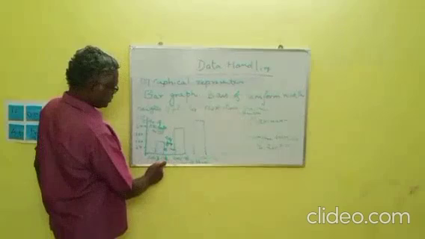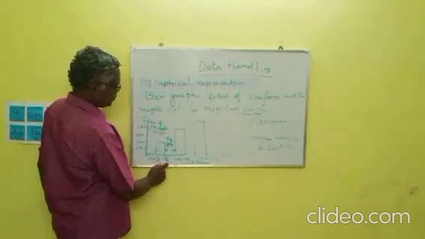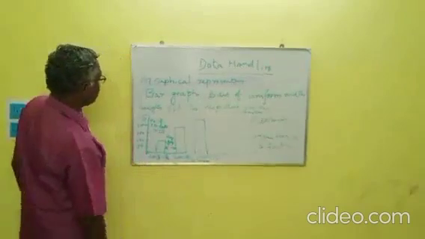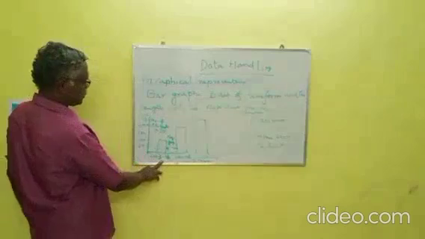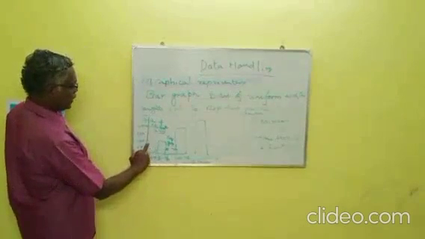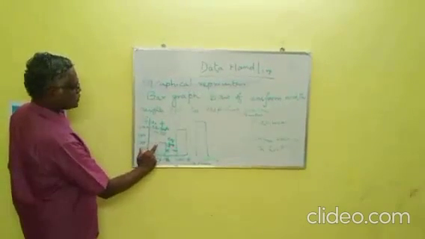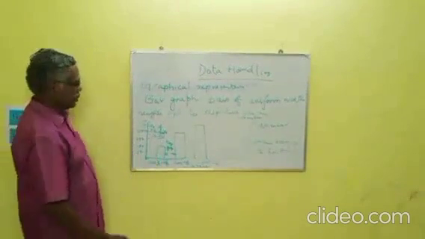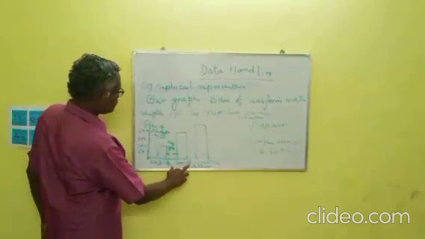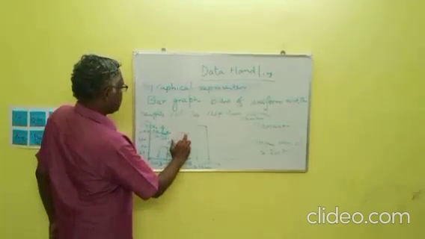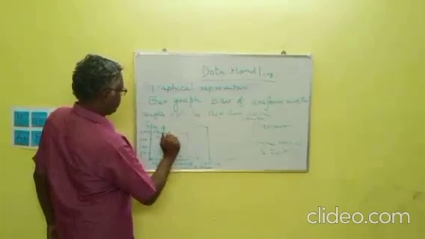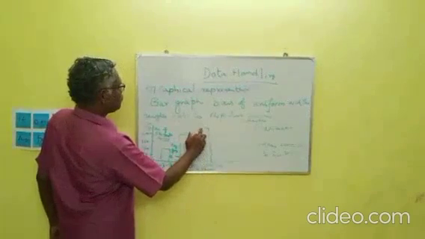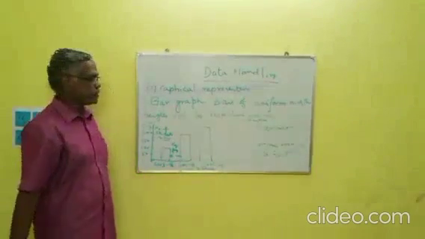This one is 2003-4, this one is 2004-5, 2005-6. So we can infer that in 2003-4, 100 students are studying in 8th standard. In the year 2004-5, 200 students, and in 2005-6, 250 students are studying in 8th standard.